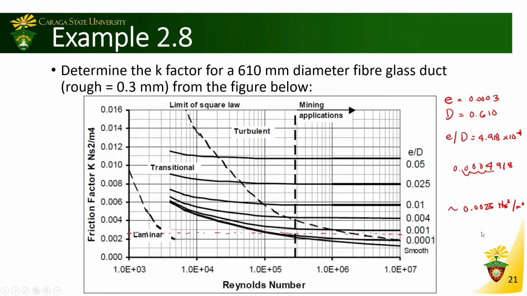So what is important is that in order to use this diagram or graph, we first compute e over d. This is a graph that relates e over d with the Reynolds number and the friction factor. So the friction factor is approximately at this level right here.